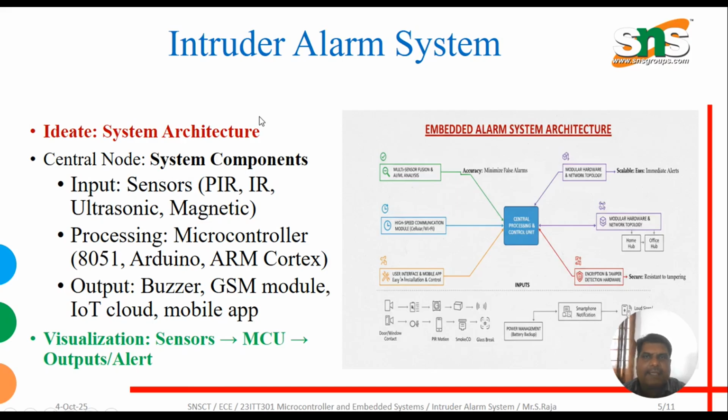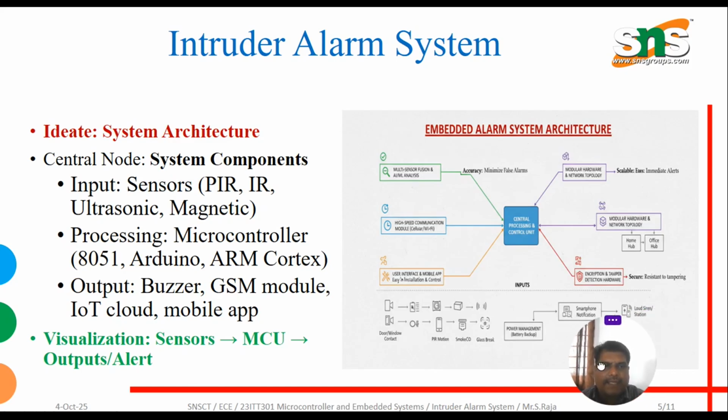Next, the very important third stage is the system architecture. It provides the exact way we need to design the intruder alarm. For example, the left-hand side is the input from the users, the right-hand side is the output to the users, and the intermediate part is the central processing unit.